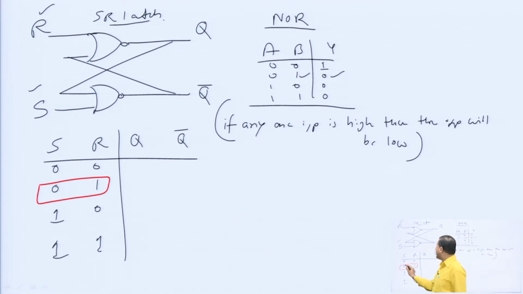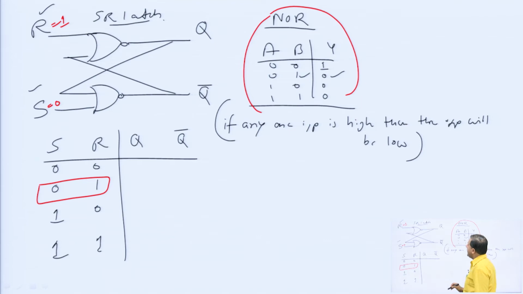First of all, we are taking S is equal to 0 and R is equal to 1. So, if S is equal to 0 and R is equal to 1, so from the concept of NOR gate, we can check that if any of the input is 1, the output will be 0. So, here R is equal to 1.